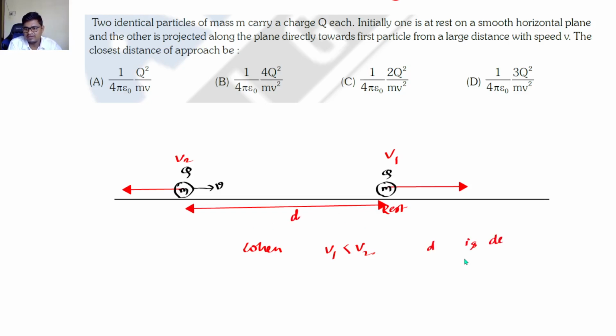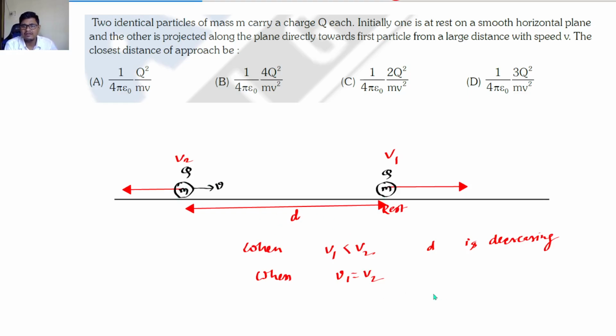And when v1 equals v2, in that case the distance between them will be at its minimum value. So d is minimum.